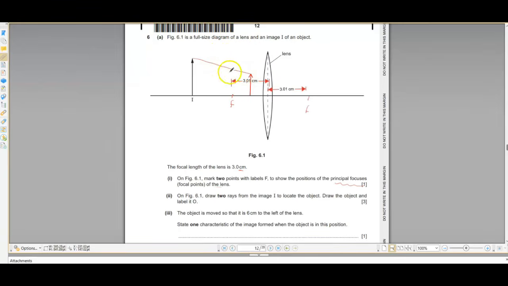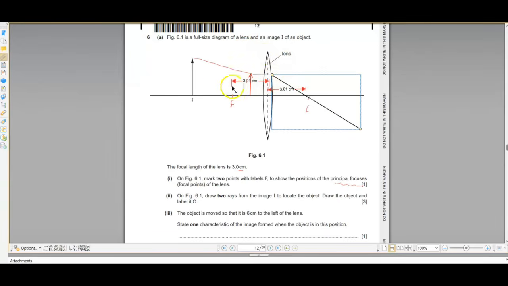Since we know that what happens is, okay, so we can draw these lines now, and this line then passes through point F. ठीक हो गया?